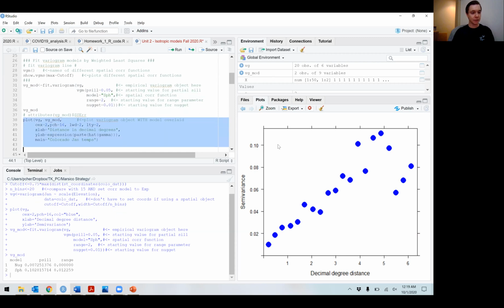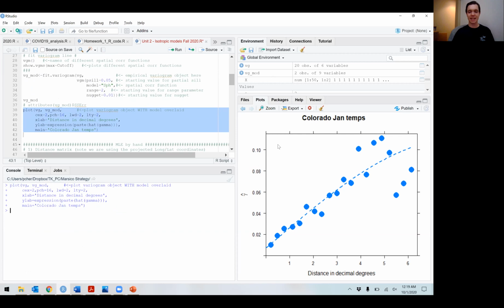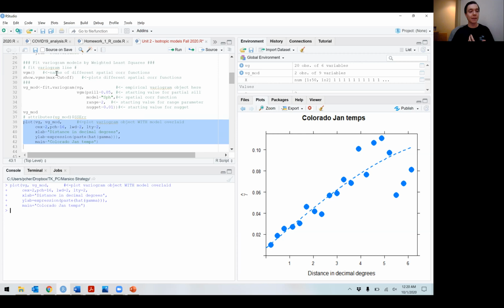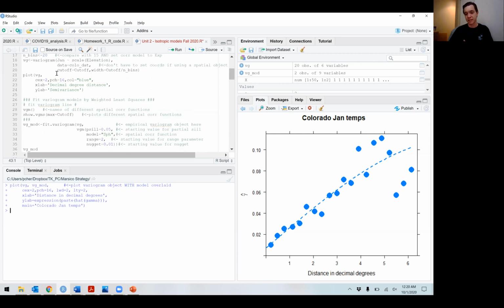And we can plot it right over it. All right, there it is. That does seem to fit the data, but it does not reach the sill within, I believe, 75% of the maximum observed distance. So I'm having a tough time believing this model.